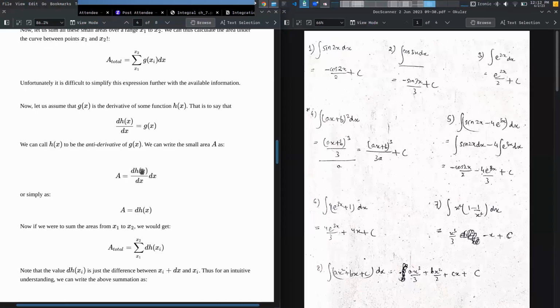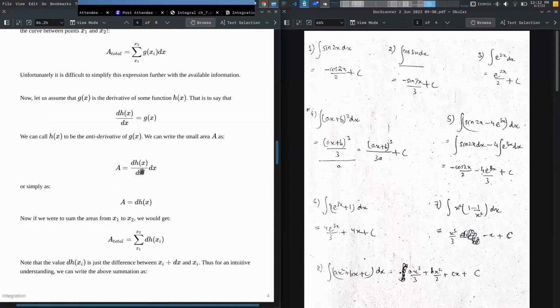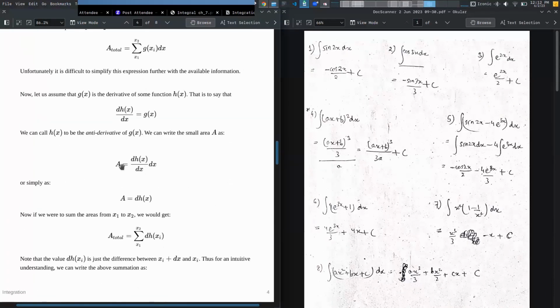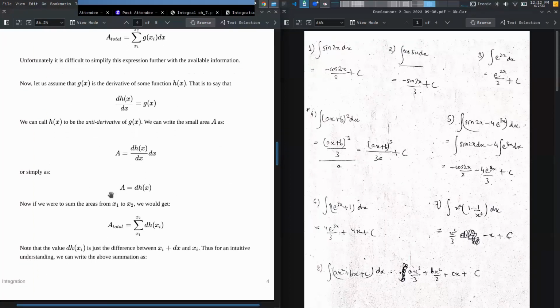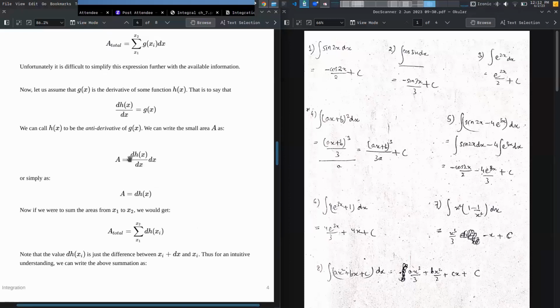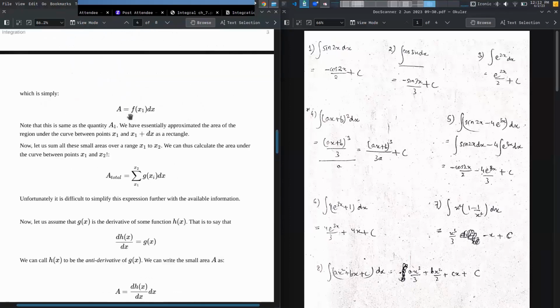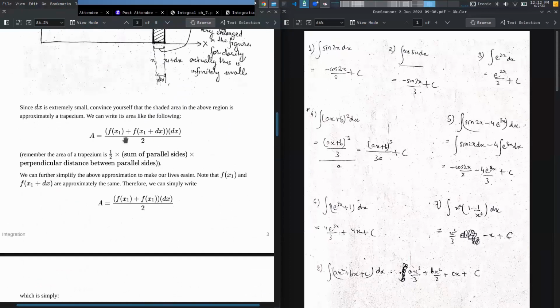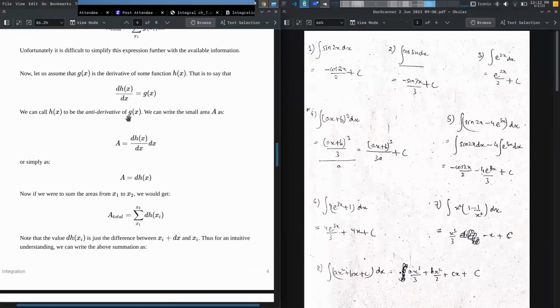So we can write the small area A that we had earlier as A equals d(h(x)) over dx times dx, and simply as A equals dh, because the dx term would cancel. We could write this because, as you can see, it had g(x1) times dx, and we had just this, so hence we can write it as dh.